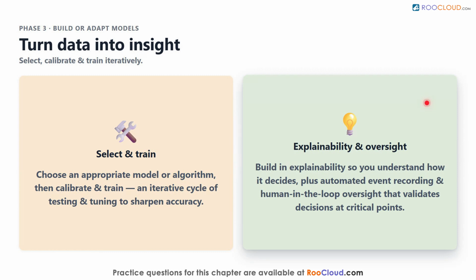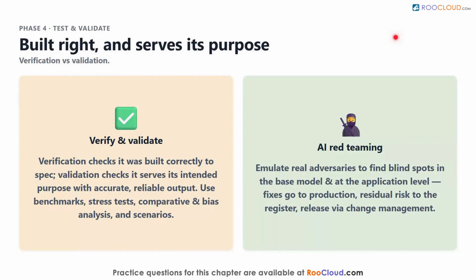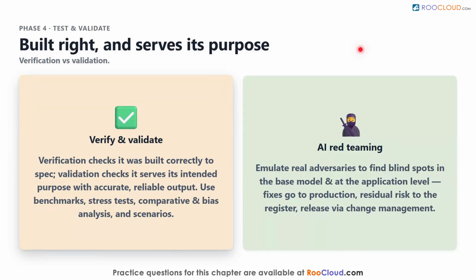The fourth phase is test, evaluate, verify, and validate. Verification checks the model was built correctly to specification, while validation checks it actually serves its intended purpose with accurate, reliable output. This involves several techniques: model testing against benchmarks like accuracy and recall, stress testing with extreme cases, comparative analysis against baselines, bias and fairness checks, and scenario analysis.